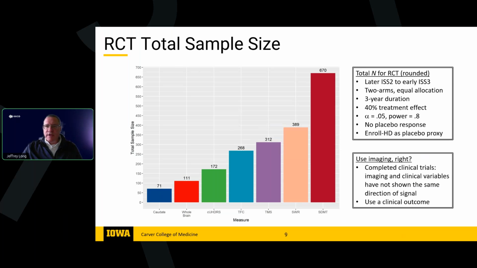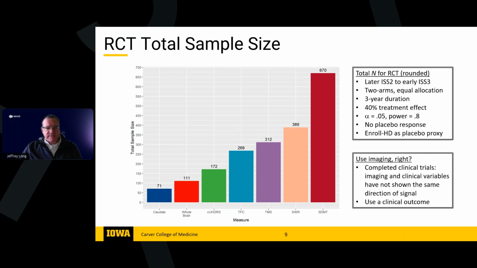I am considering a two-arm trial, so with equal allocation, a 3-year duration, a 40% treatment effect, and the standard levels for type 1 error rate and power. I'm not considering a placebo response, which you probably should do when planning a clinical trial. That would make these numbers go up a bit.